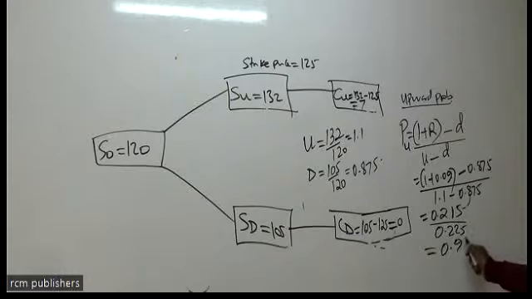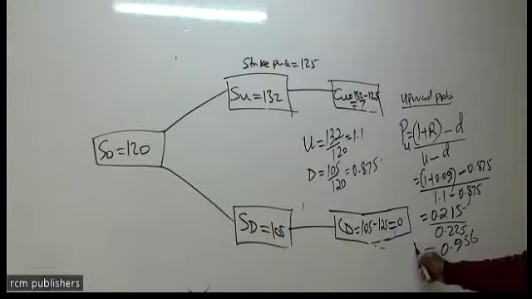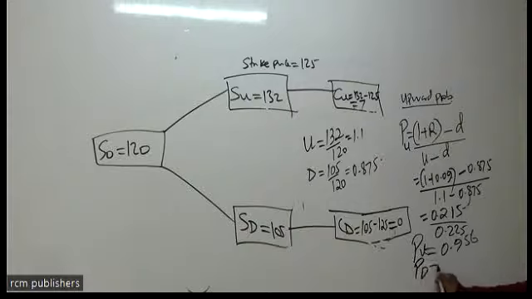Thank you so much. But now remember that this is my PU. What about my PD? PD now will be 1 minus 0.956, which will end up giving us what figure?